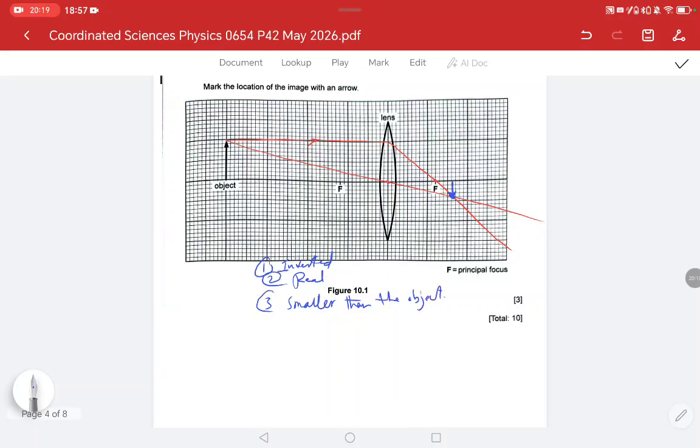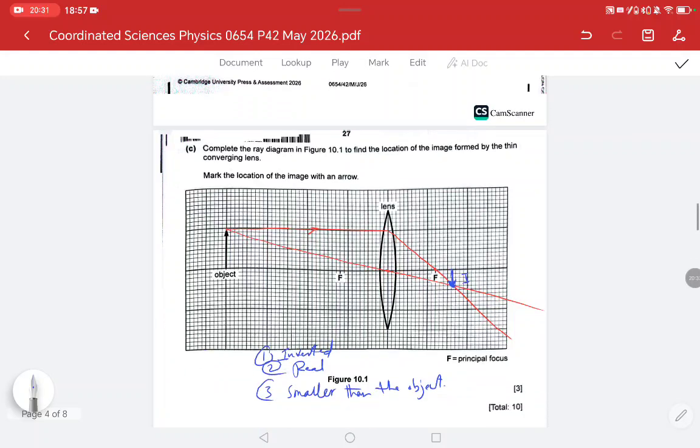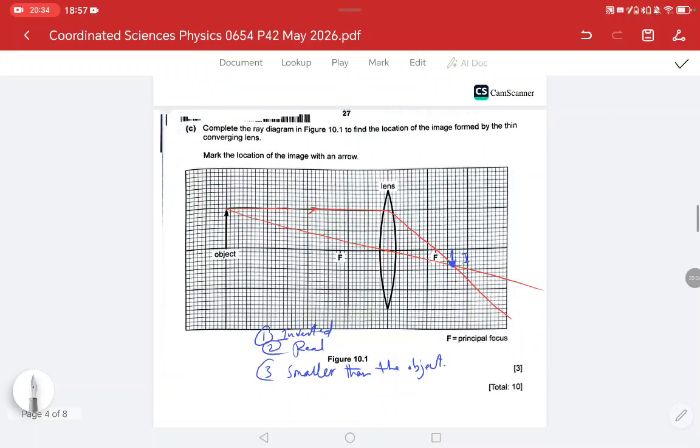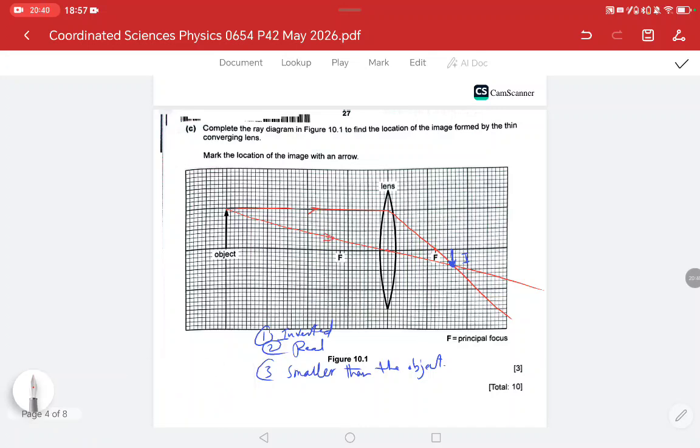Here they said mark the location of the image with arrows, so you have to mark it, and this is the image. So the 3 points will be for the 2 rays and for the labeling of the image. You don't have to write the characteristics, they didn't ask for that.